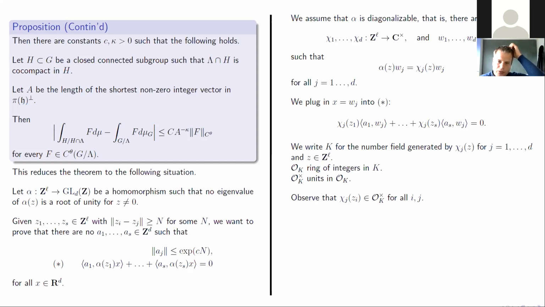For this reason, or maybe another way to see this is that if you take minus zi, then you get the reciprocal of the eigenvalue. And so if you believe me that this is an algebraic integer, then its reciprocal will also be an algebraic integer, and precisely that's what it means to be a unit.